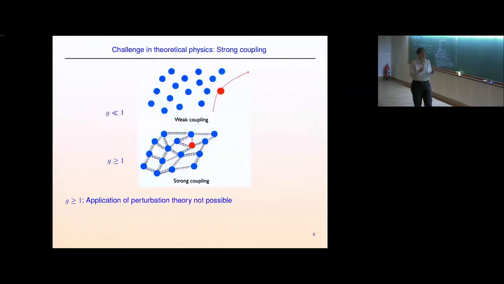Okay, so let me briefly explain what strong coupling means in a very physical picture. Weak coupling means that, in a classical theory, you would have some blue particles, say, and if you want to consider the physics of this red particle, and the coupling is very small, then you can just individually look at this particle interacting with all the others if you want.